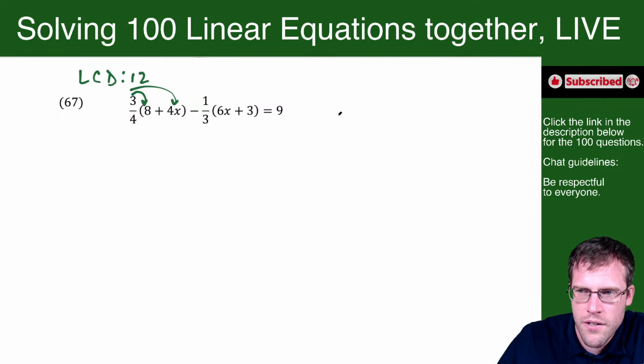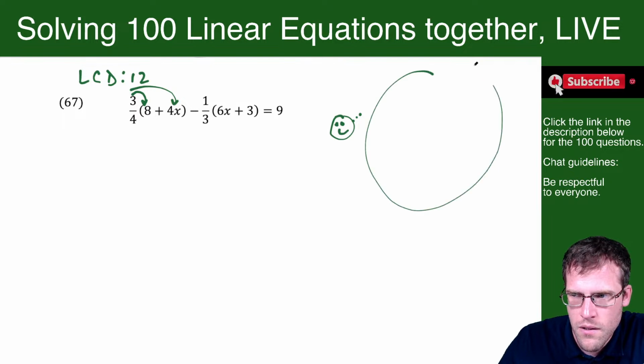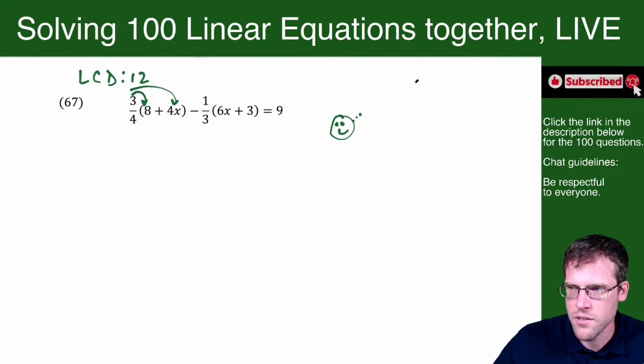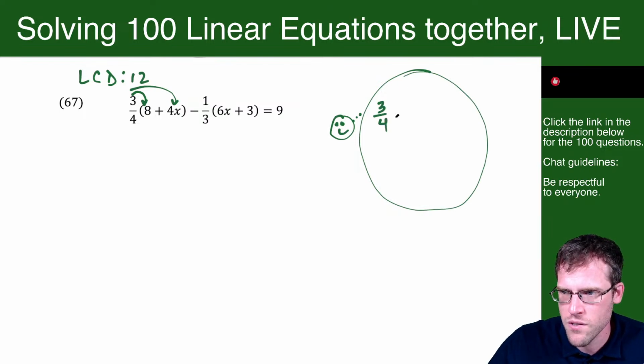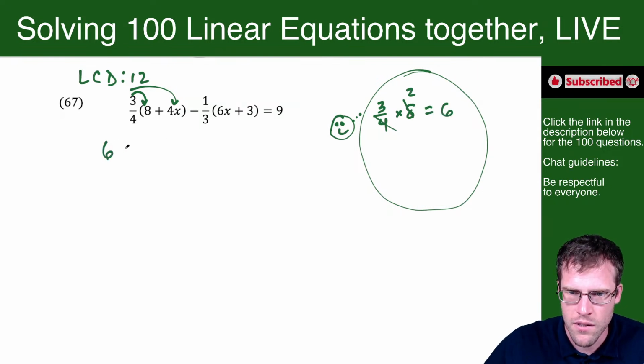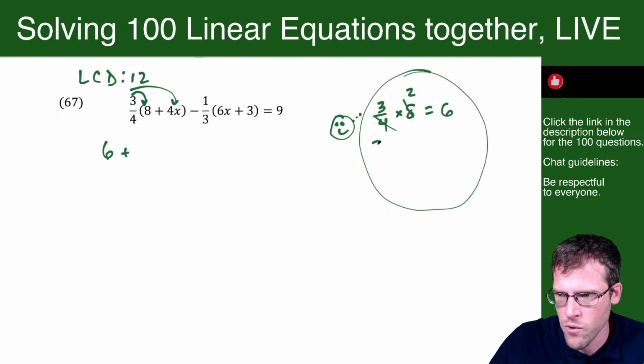So here, I'll do this part in my head. Whoops, let's make that a little nicer. That's better. So 3/4 times 8, I'm doing 8 divided by 4 is 2, and 3 times 2 is 6. So that becomes 6 plus, if I do 3/4 of 4, just think 4 over 4 cancels, and this becomes 3.